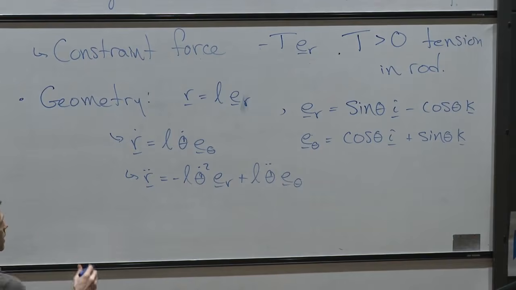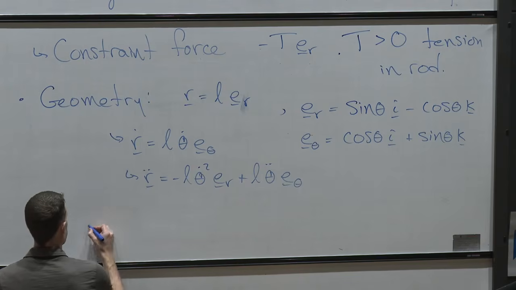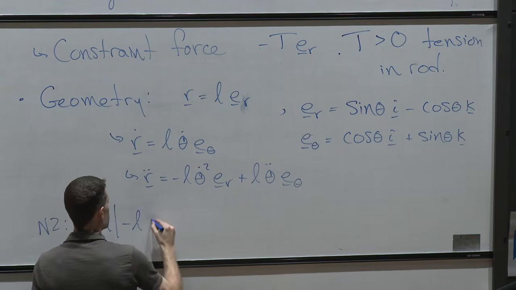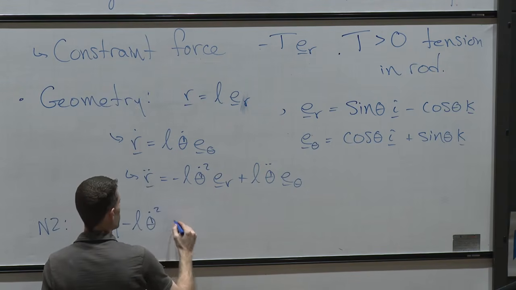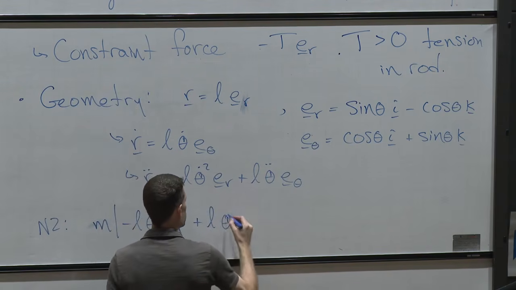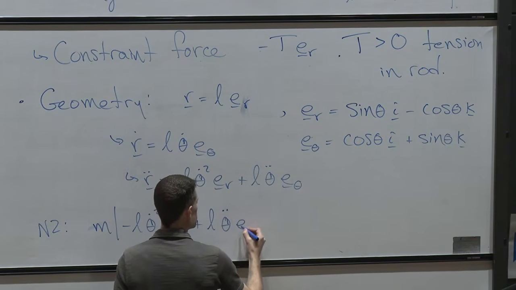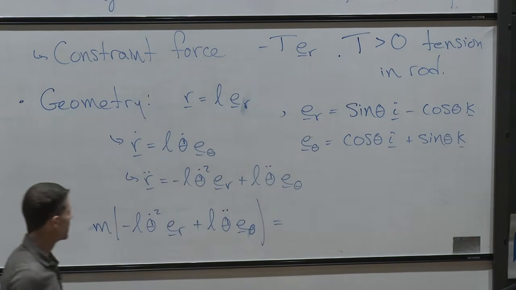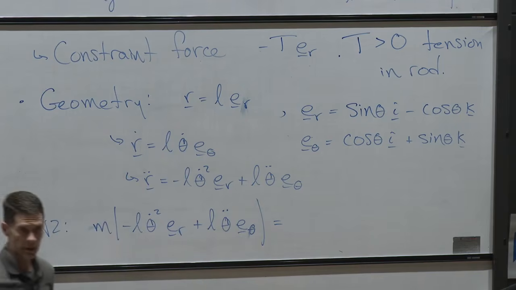So Newton's second law is going to say that m times minus L theta dot squared ER plus L theta double dot E theta, acceleration, equals the forces.